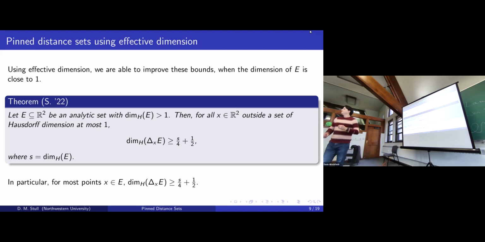When you say outside of a set of Hausdorff dimension at most 1, what do you mean? I'm saying that the set of points which don't satisfy this has Hausdorff dimension of at most 1. So it's a small set. Is this the same as saying that you're considering a smaller set, inside E but outside this? So it's excluding some points.